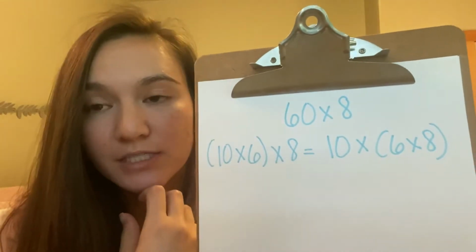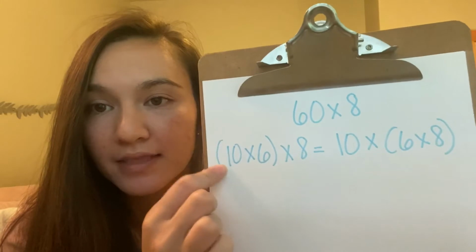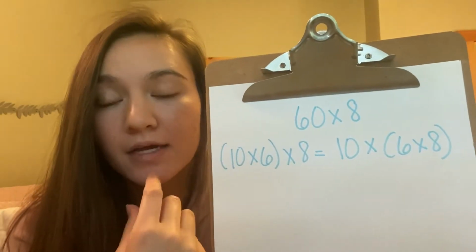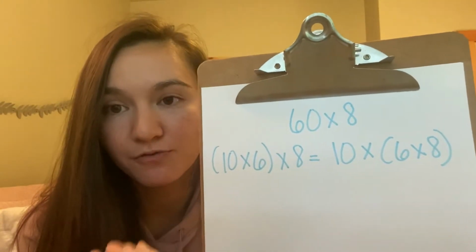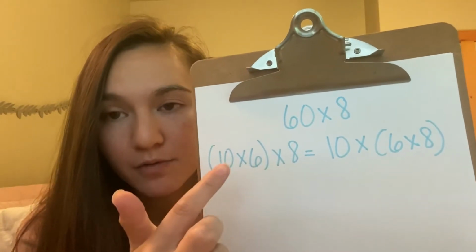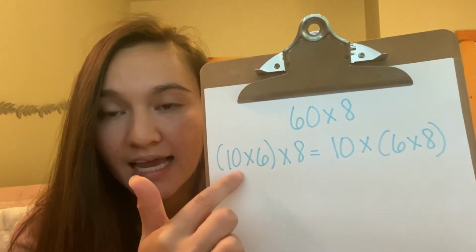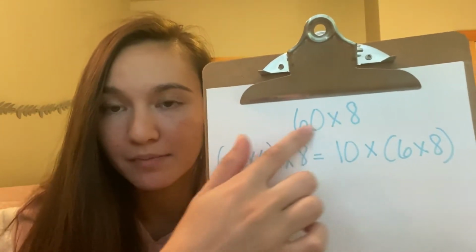The only difference between these two equations is the parentheses are around different parts. So when you see parentheses, that tells you what operation to do first. So on this side, we would multiply 10 times 6 first, which would get me 60, and then I'd multiply 60 times 8, which is what we had up here.